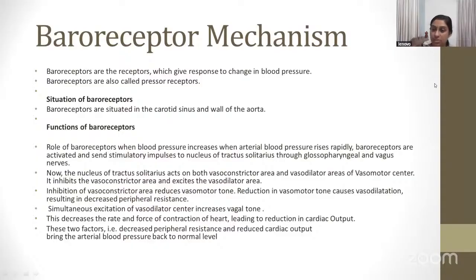Also, when the vasodilatory center is activated, that also decreases the total peripheral resistance. And vagal tone will inhibit the heart activity, thereby reducing the heart rate as well as the cardiac output. These factors will bring down the blood pressure. So you have to learn the location and the function of baroreceptors.